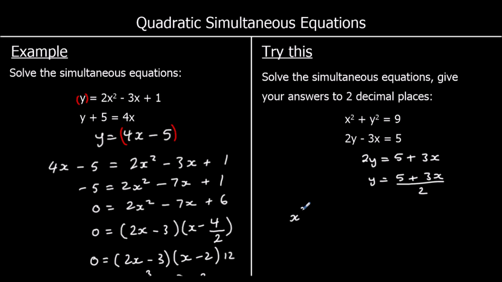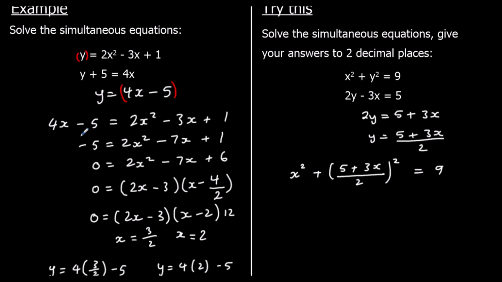So we'll have x squared plus 5 plus 3x over 2 squared is equal to 9. Squared means multiplied by itself, so we can write this as double brackets. So we'll have x squared plus, and then 5 plus 3x over 2 times 5 plus 3x over 2 equals 9.